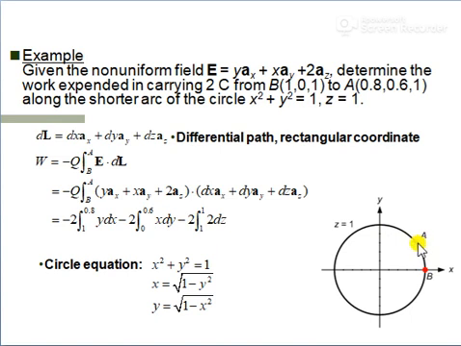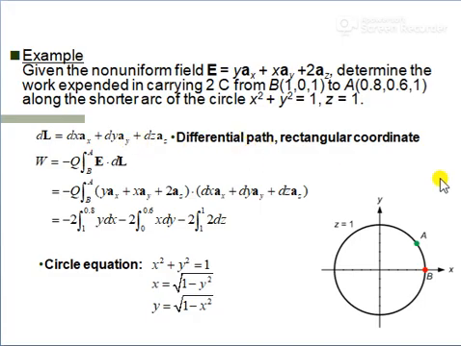So here x is 0.8, y is 0.6 and z is nothing but 1, on the circle, right? Therefore you can have a differential length dx ax plus dy ay plus dz az.